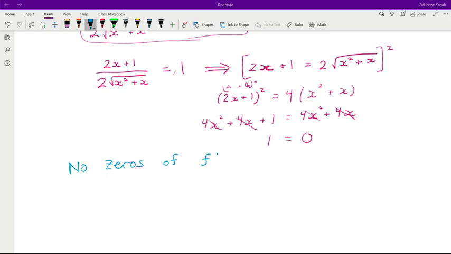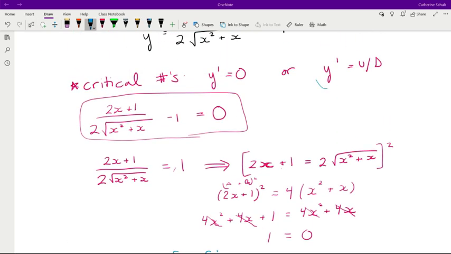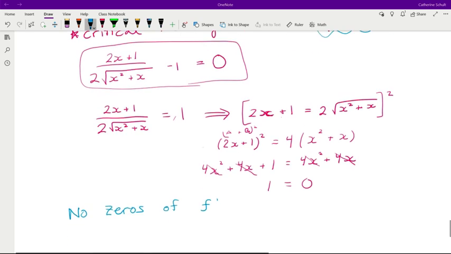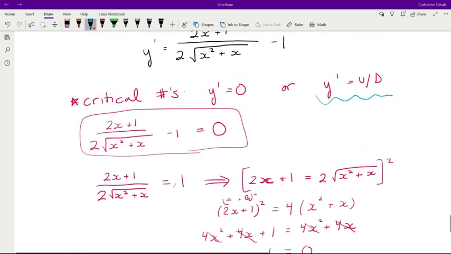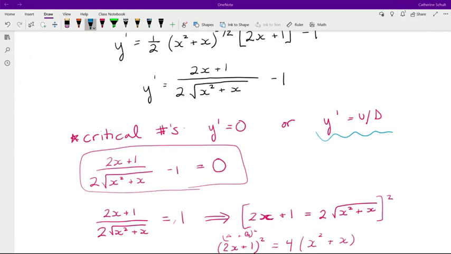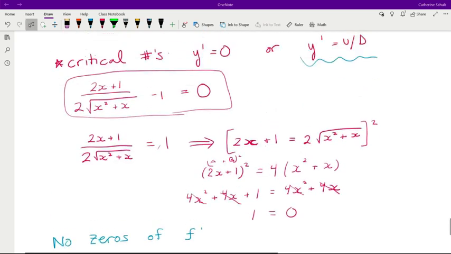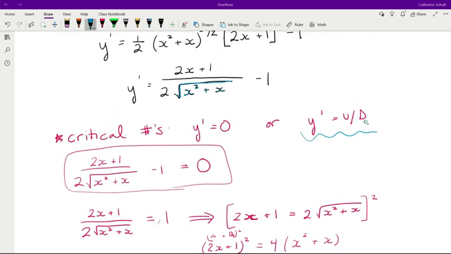So if we're a critical number, we're going to have to be in the second case where y prime is undefined. Okay? And if you look at our y prime, we have 2 things: a denominator and a square root. So that means that this part right here, x squared, square root of x squared plus x. First of all, we're trying to find where y prime is undefined.